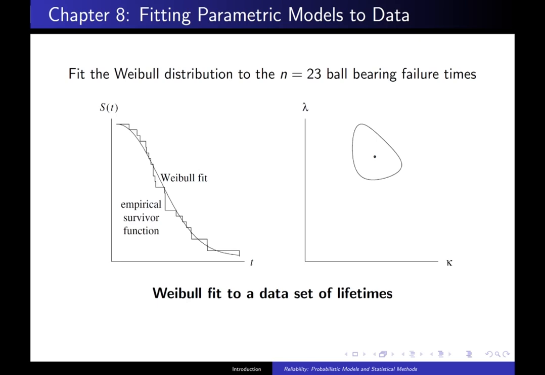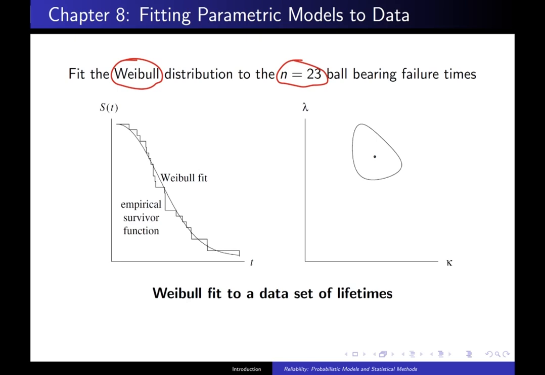And parametric models are basically these probability models that were considered back in Chapter 4, such as the exponential, Weibull, log logistic, etc. The illustration below concerns fitting the Weibull distribution to n equals 23 ball-bearing failure times.